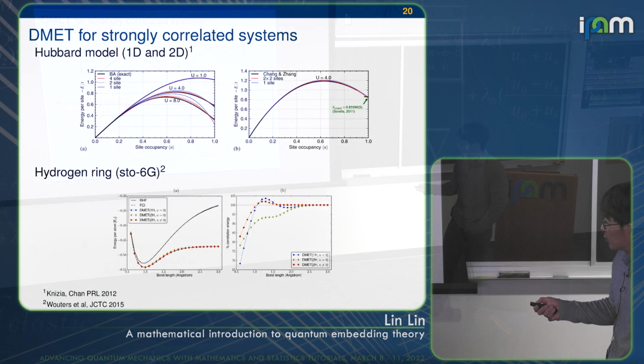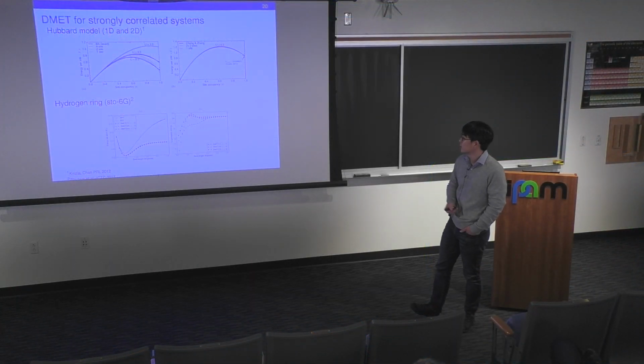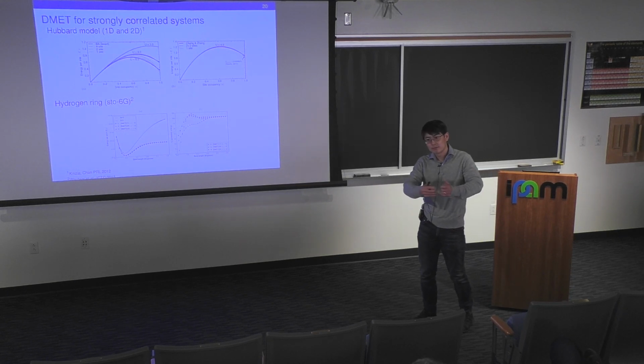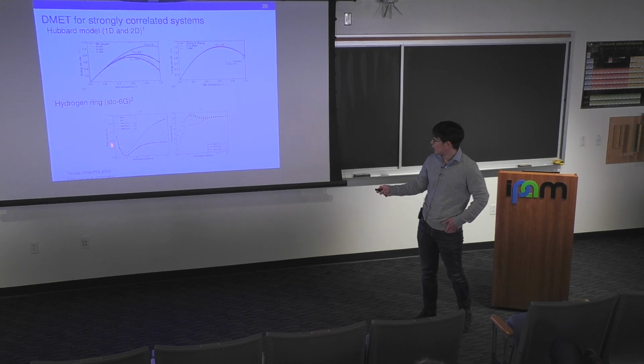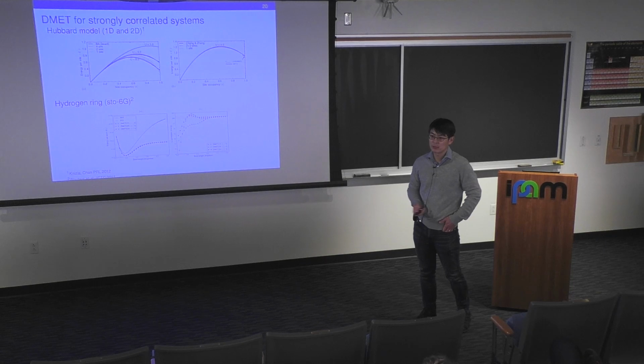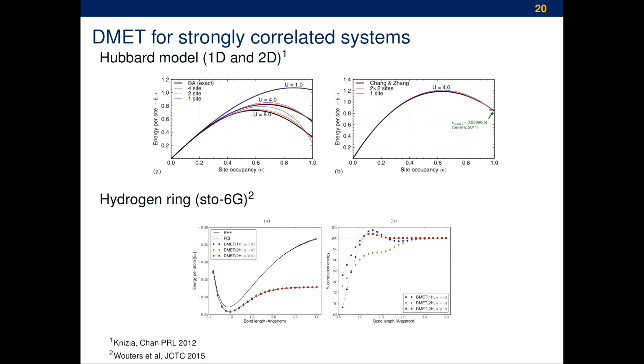Two is this hydrogen rain that we heard also in the past 2 days. You can stretch it. It goes from weakly correlated to strongly correlated. If you do RHF, energy goes to the top of the roof. But for this one, the energy agrees pretty well with the fuzzy eye.